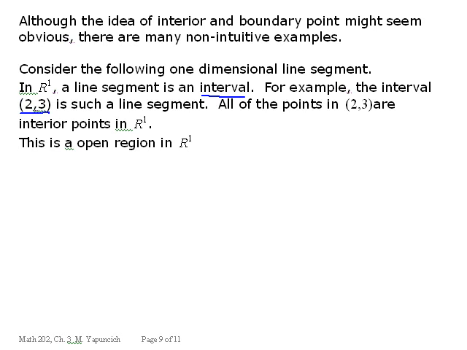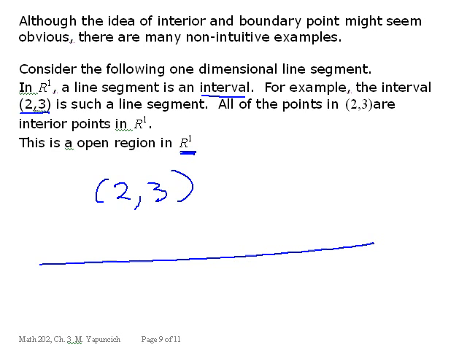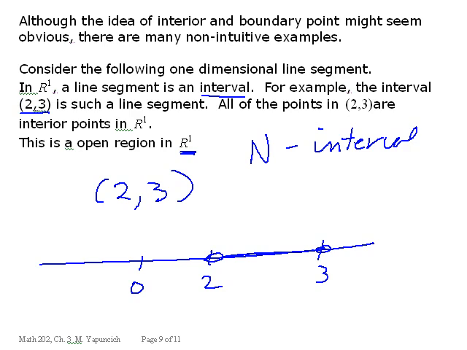Here's this interval, let's say (2, 3), and let's look at it first in R1. So here's my one-dimensional space. Here's 0, here's 2, 3, and this is an open interval. It doesn't contain its endpoints. Looks like that. The neighborhoods in R1 are intervals themselves because they have to lie inside the region.